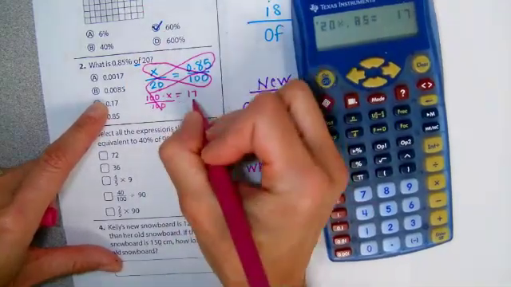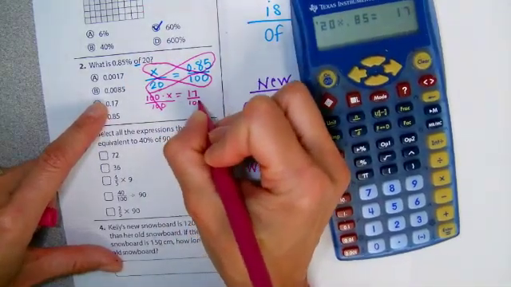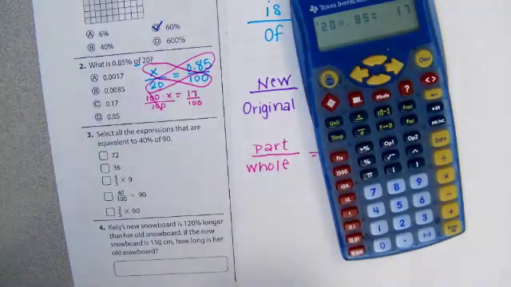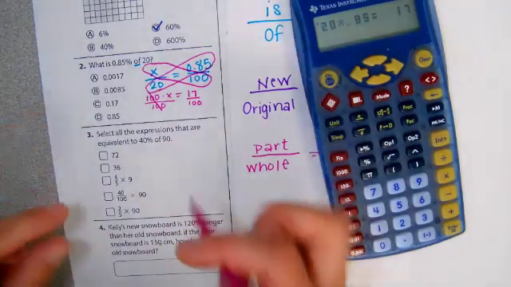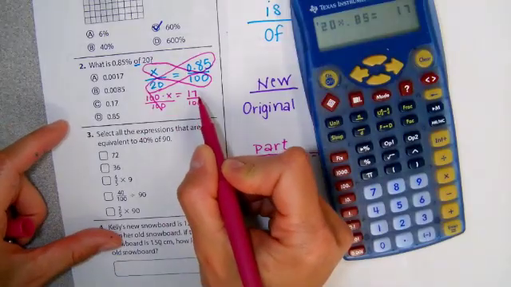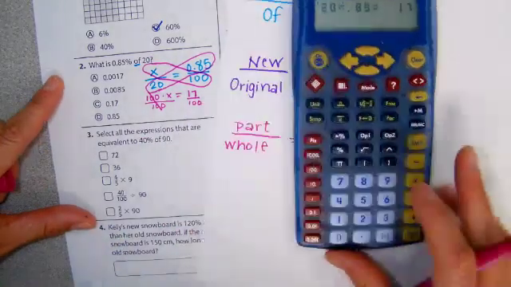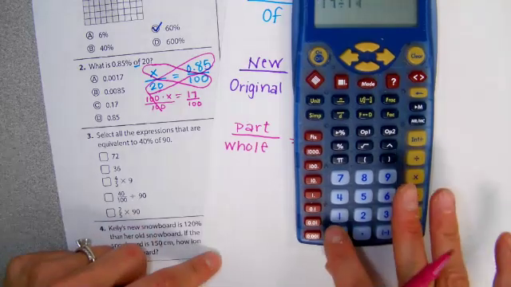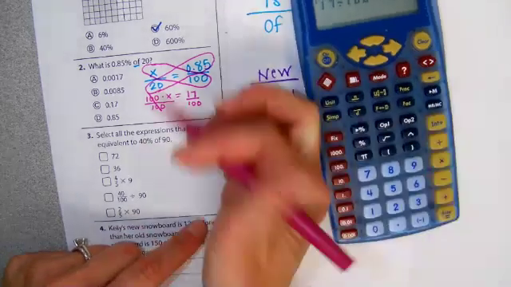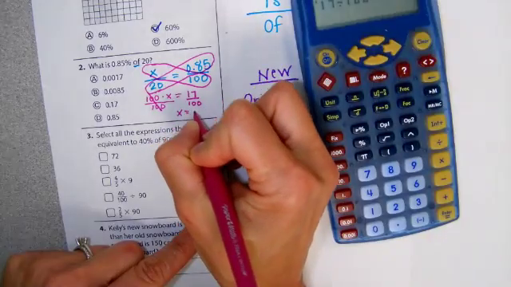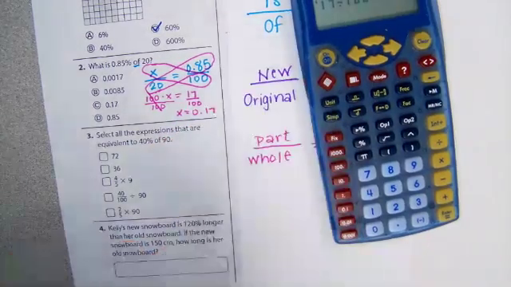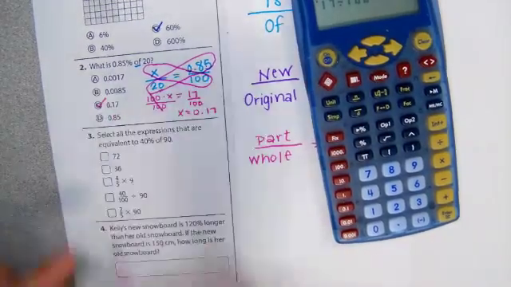I can cancel it here and I can get it over here, okay? And this is going to give me the answer. So I'm going to do 17, the number I got from multiplying here, divided by 100. And I will get that answer here. So 0.17 is the answer. And so here we have it right there.